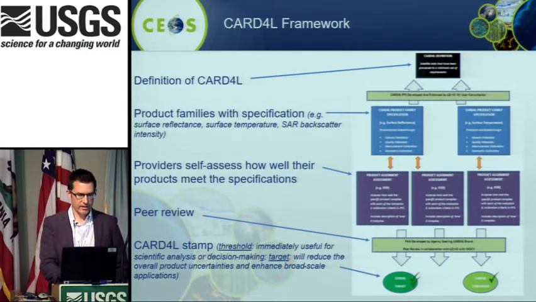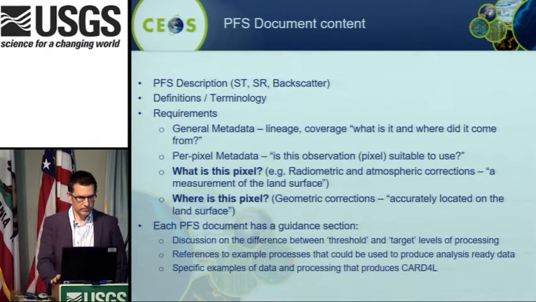There's then an assessment process for different products, including a peer review process, and ultimately there will be a kind of stamp provided with two different levels that are defined within the specification. One is the threshold level, obviously, and then a target level, which sets slightly higher constraints on the product.